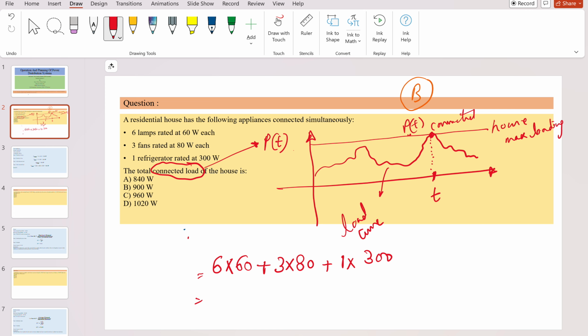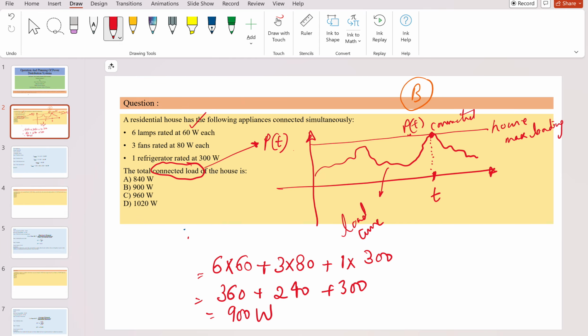One single unit consumes a maximum of 60 watt, which is written on its label. So this will become 360, plus 240, plus 300, which is 900 watt. This is the meaning of connected load.